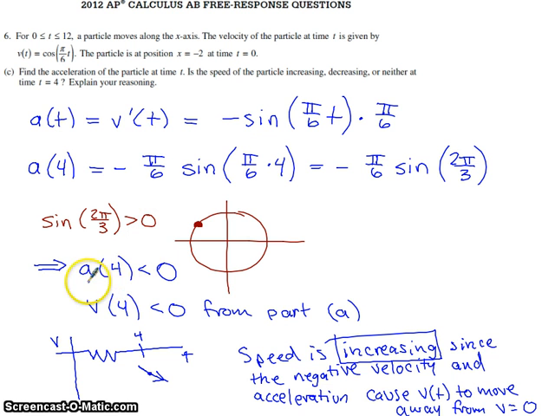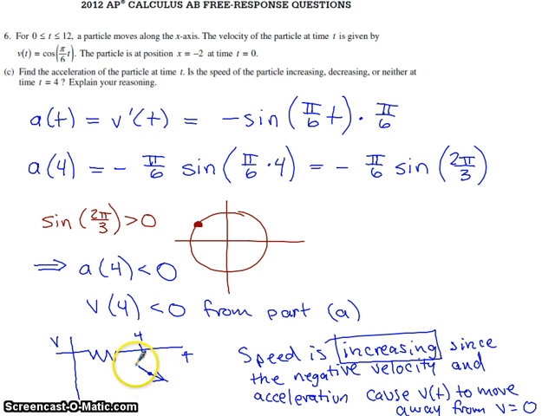That's going to imply that the acceleration at 4 is negative, because you have a negative value here times a positive value here. So acceleration is negative, and from part A we determined that velocity was going to be negative from 3 to 9, and so acceleration is negative, velocity is negative. If you think about what this tells you about the velocity graph at 4, your velocity is negative, so I have a point below the t-axis on my velocity graph, and if I draw my velocity in, since acceleration is also negative, I have to have a negatively sloped tangent line.